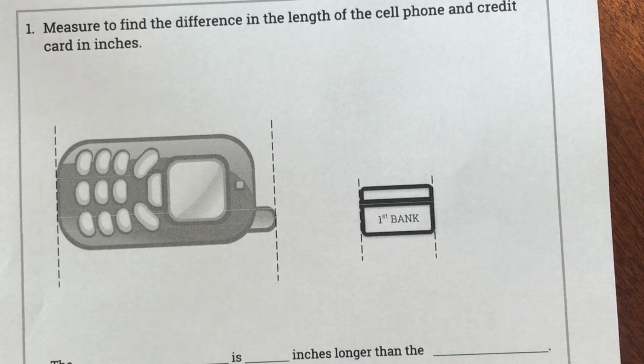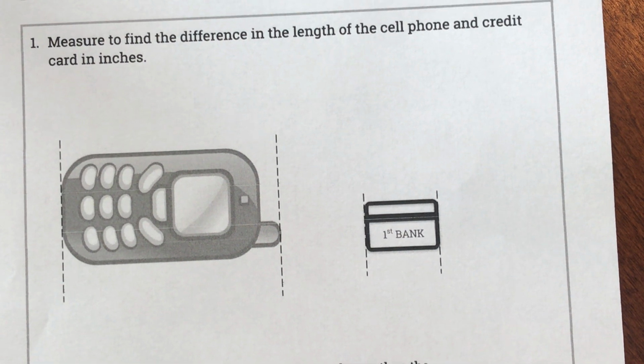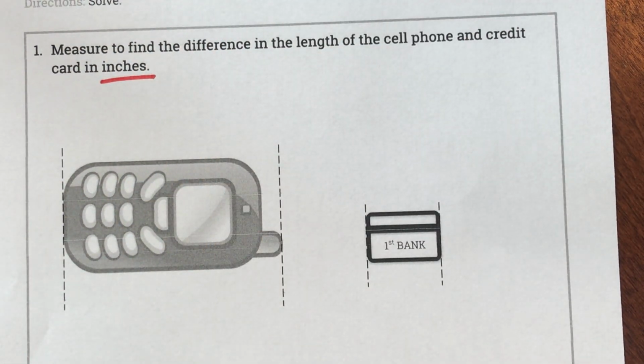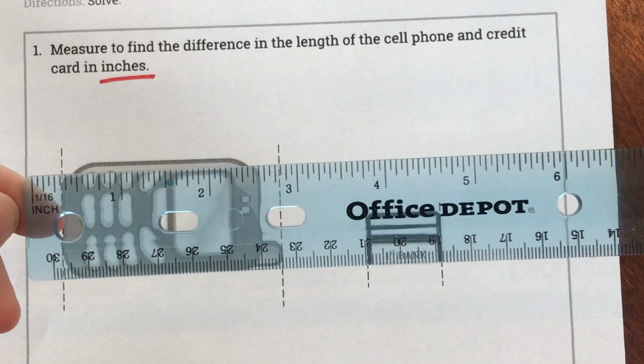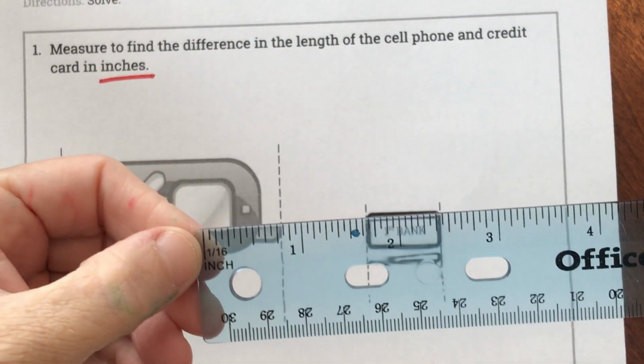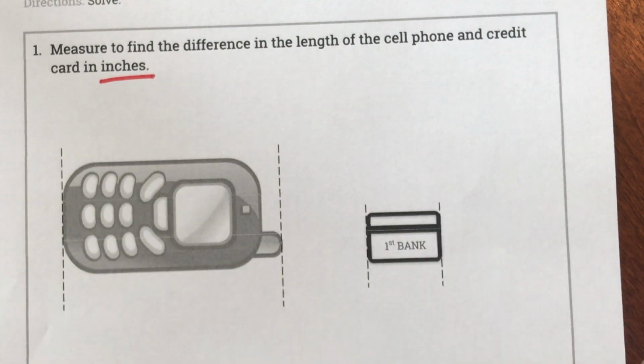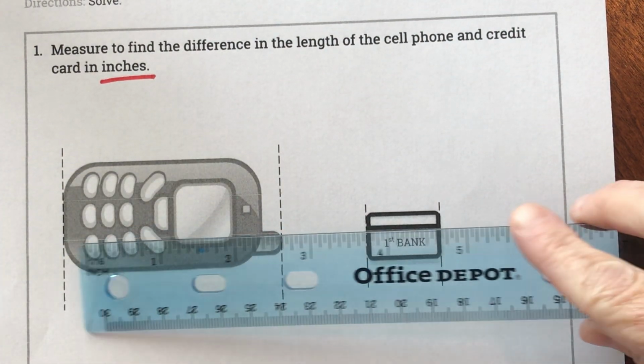My first problem says, measure to find the difference in the length of the cell phone and the credit card in inches. Okay, so what I notice here is inches is my measurement, and this time they don't give me the numbers. I have to find them using my ruler. So I'm going to make sure again that I always start at the dash and my side where it starts with 1.